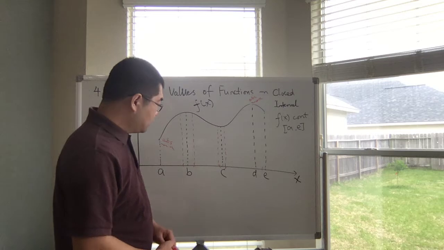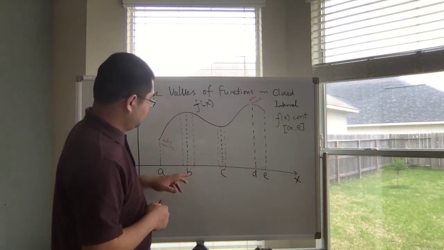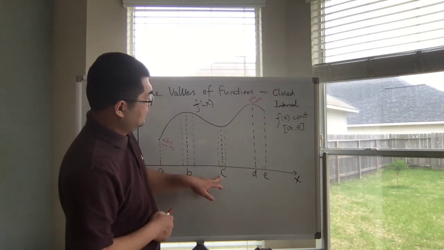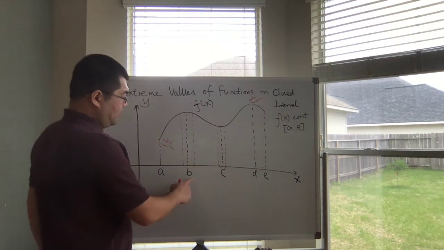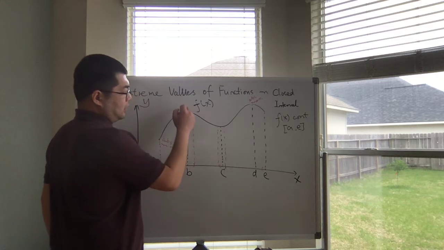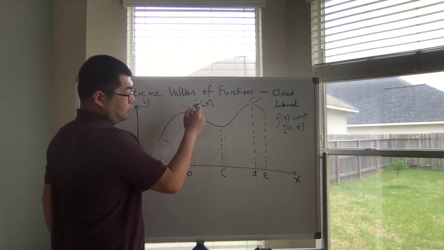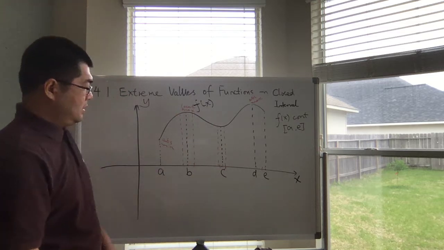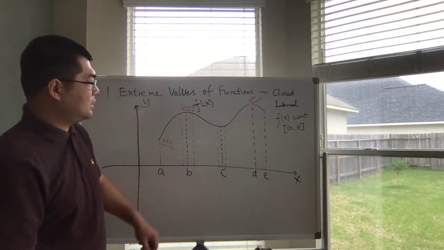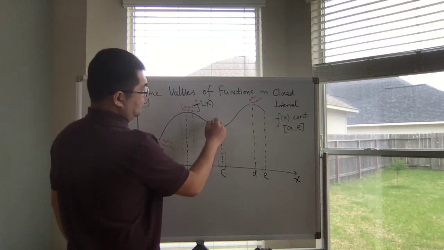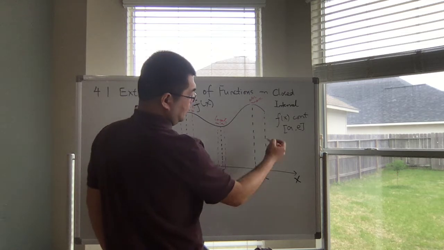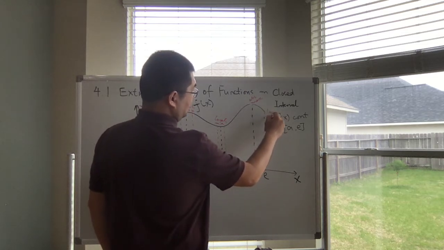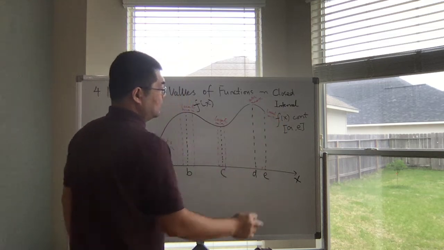Those points b, c, e also have names. Since b is a local property, it's called a local maximum. Point c is called a local minimum, and point e is also called a local minimum.